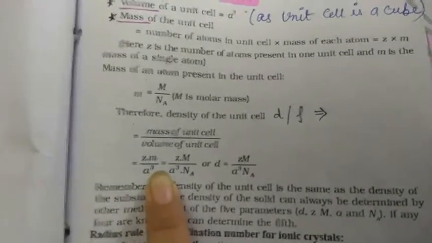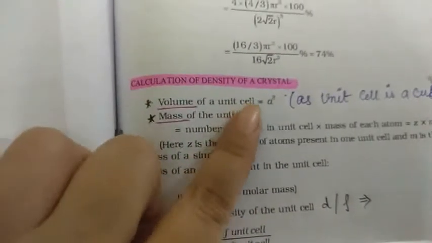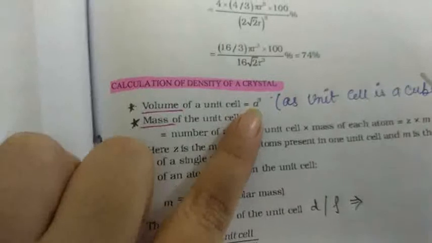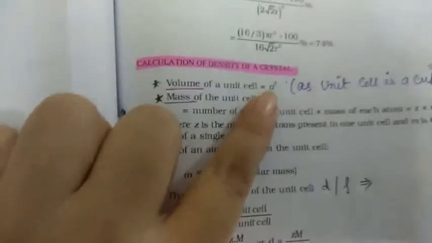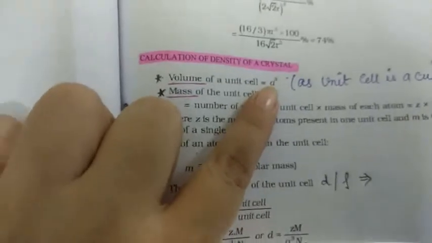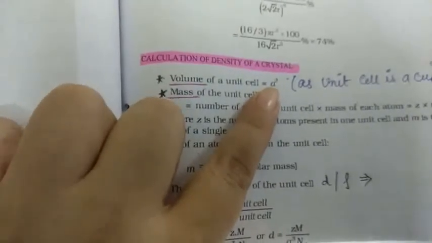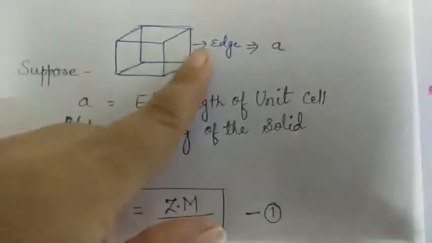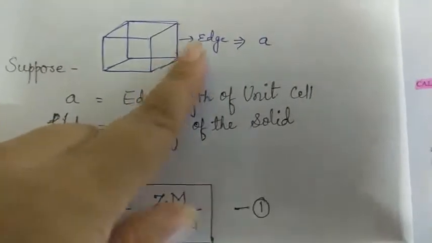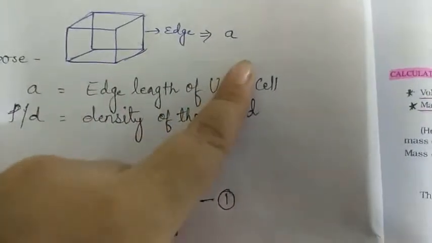What is a here? As we have written, volume of unit cell or volume of cube is a cube. So a is the side of the cube. Here side is also called edge, right? So unit cell has side or edge which is represented by a.